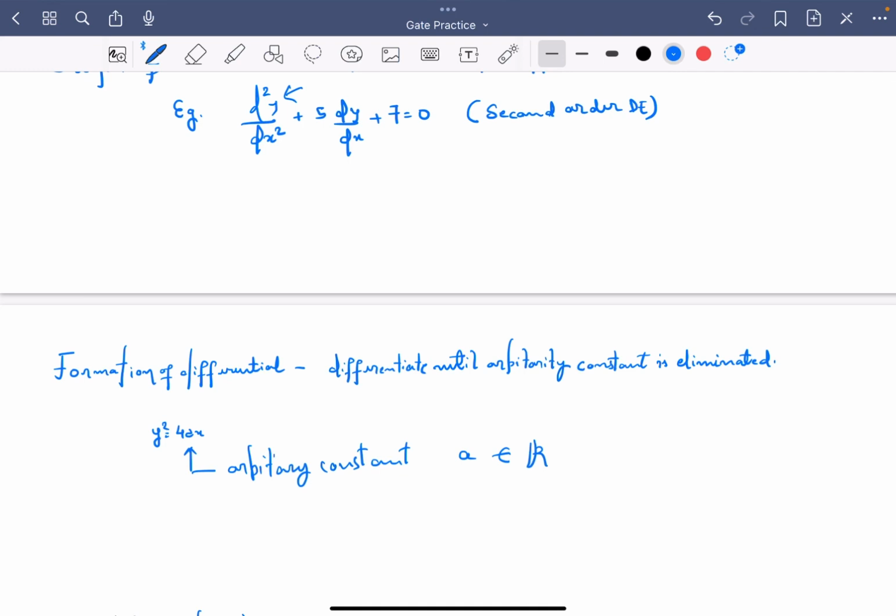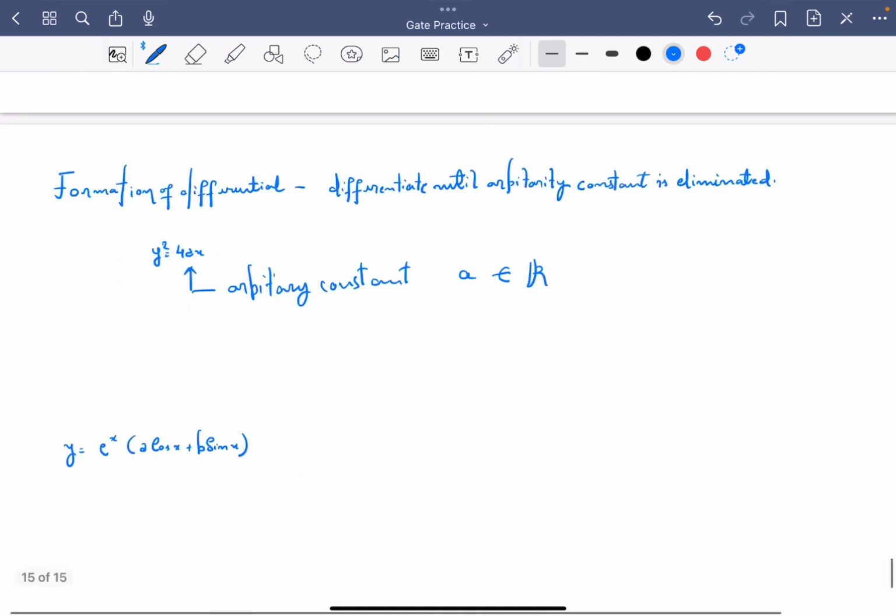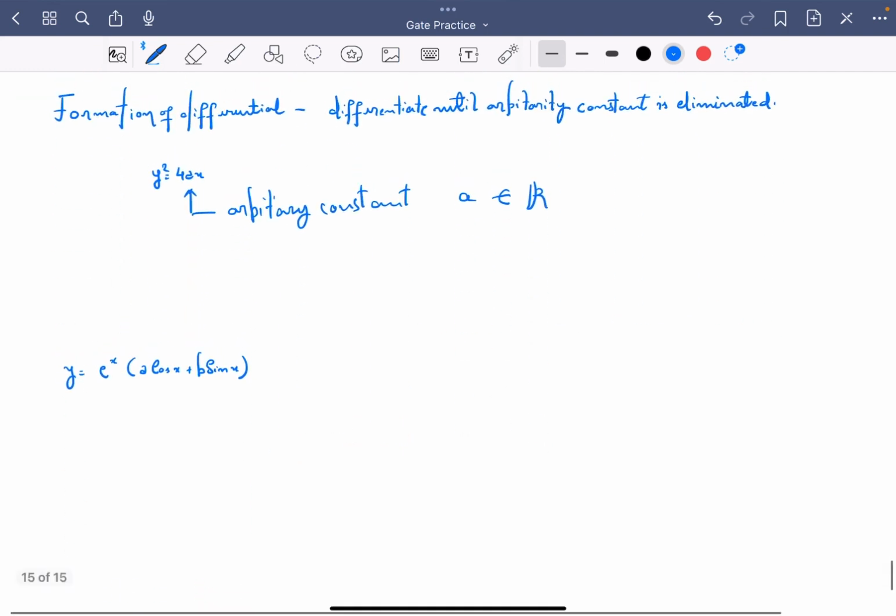Okay. Let's solve a problem based on differential equations. Let's see, for the current problem, y square is equal to 4ax. Let y dash be equal to dy by dx. I'm just using a short notation here. So if you differentiate this equation, you will get 2y y dash is equal to 4a.